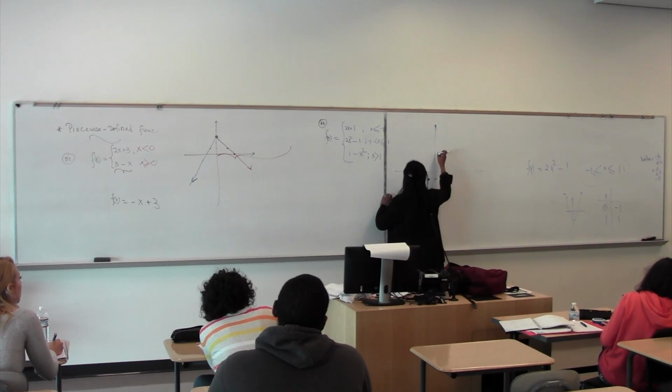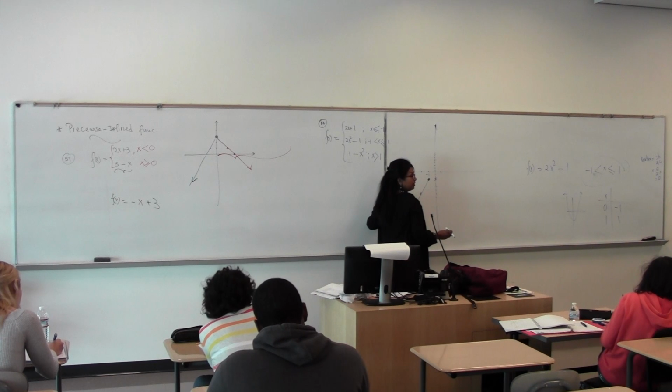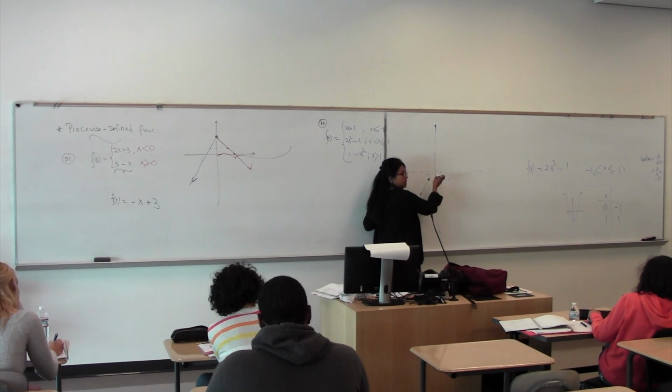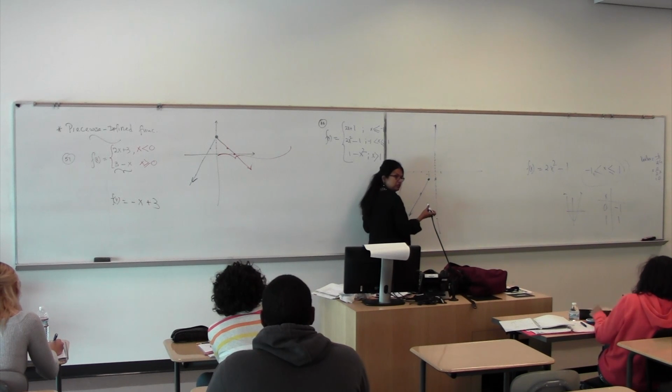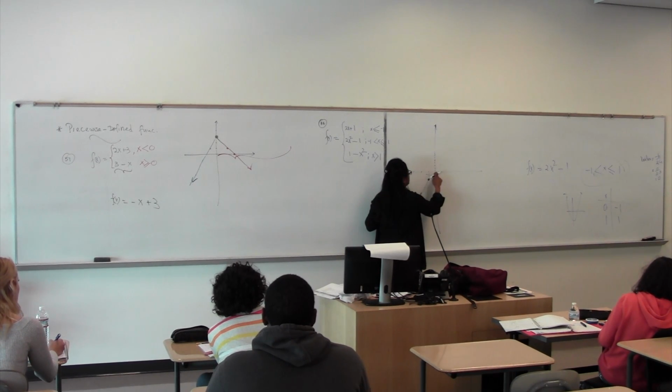So now, through the vertex, we have the axis of symmetry. Remember we talked about that? So this is the vertex. Always get the vertex when you graph a quadratic. Use the axis of symmetry to pick the other points. Now we are only considering these 3 points.